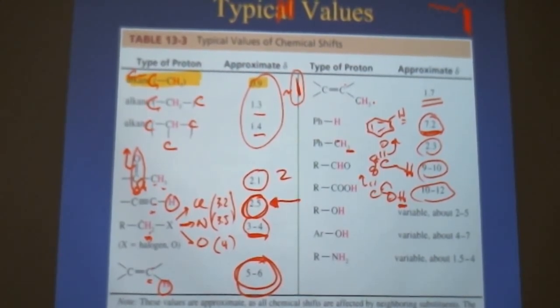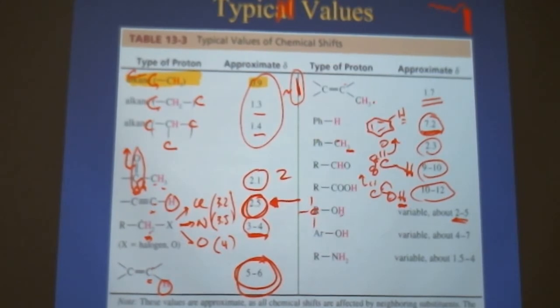An OH, not attached to a carbonyl but attached to a regular sp3 carbon, this kind of hydrogen bonds. So anything that hydrogen bonds, you have a variety of different absorptions, because as that hydrogen bond and molecules move closer or further apart, it changes.